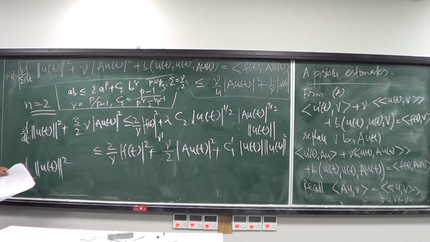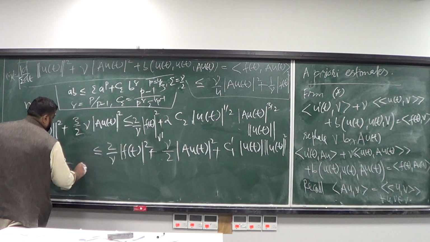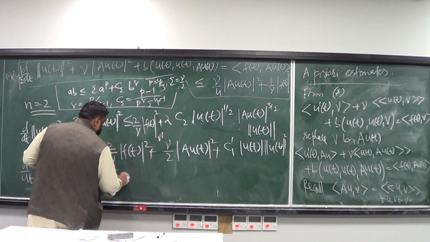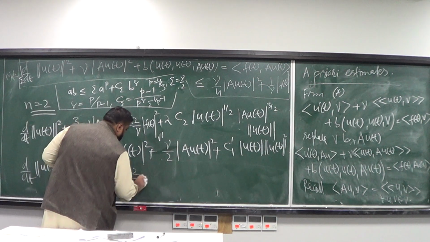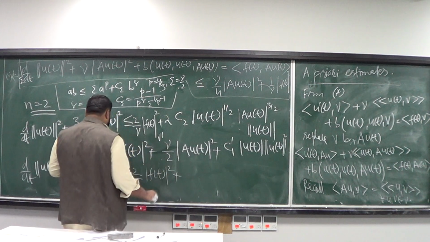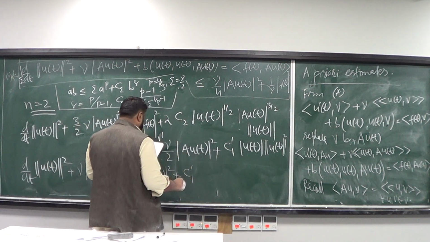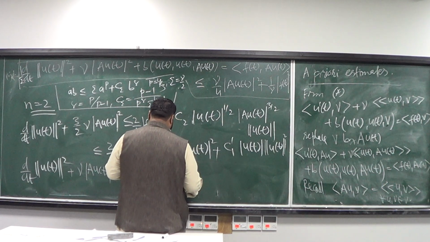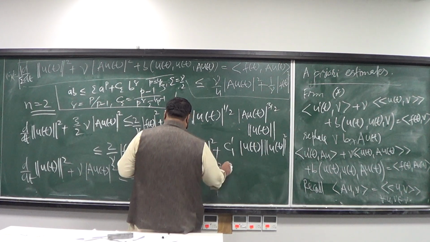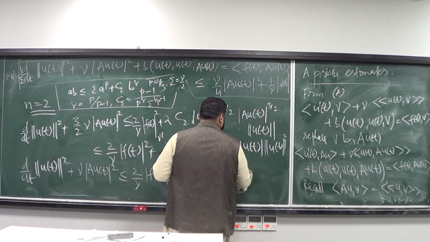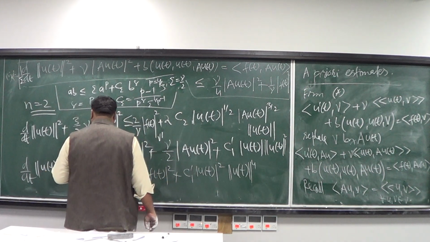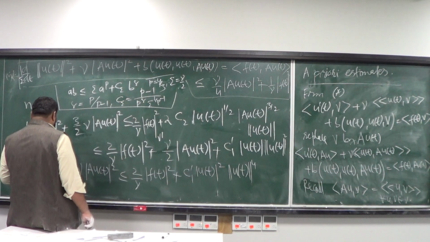So what did we get? If I simplify it, you get nu times the norm of A u of t squared less than or equal to 2 by nu times the norm of f of t squared plus c1 prime times the norm of u of t squared times the norm of A u of t to the power 4.